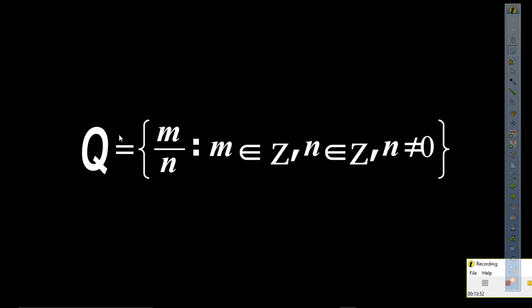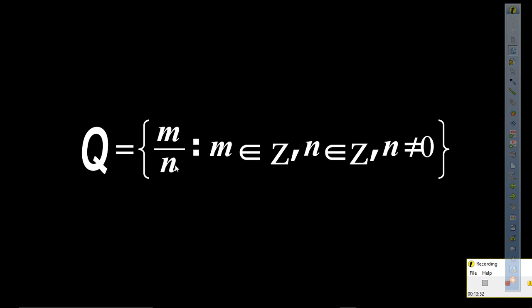Let me break this down so you understand it. This says Q is for quotient. Quotient is a word that describes the result of a division. Or in other words, quotients are also known as fractions. So look, it says, quotients are the set, that's what this bracket stands for, the set of all fractions.